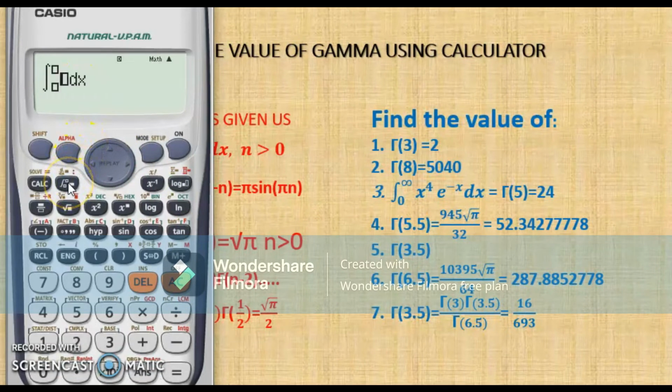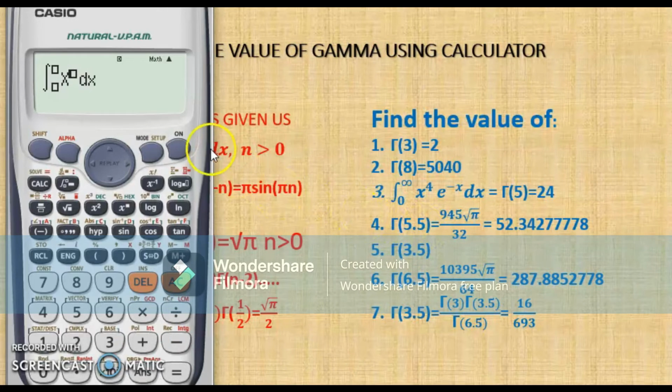Go and take your integral sign and type in x. So I take alpha x to the power n minus 1, and my n I know is 5.5.